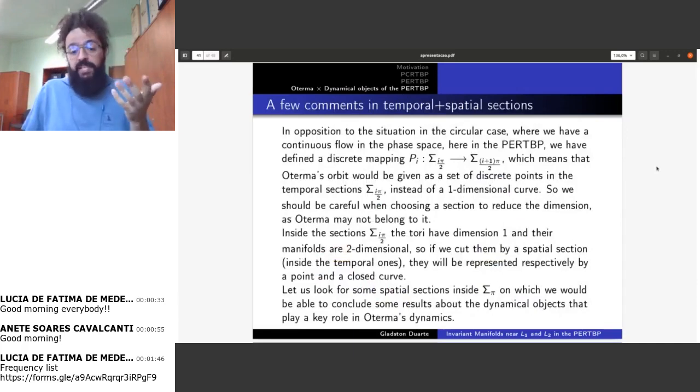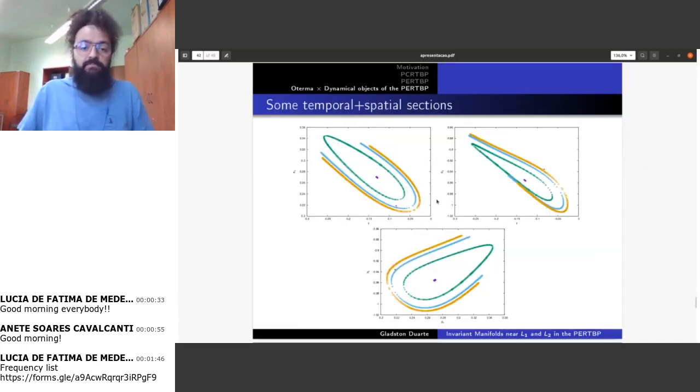Well, the answer is yes. And this will be a three-dimensional section that we project in the other three variables: y px, y py, and px py.